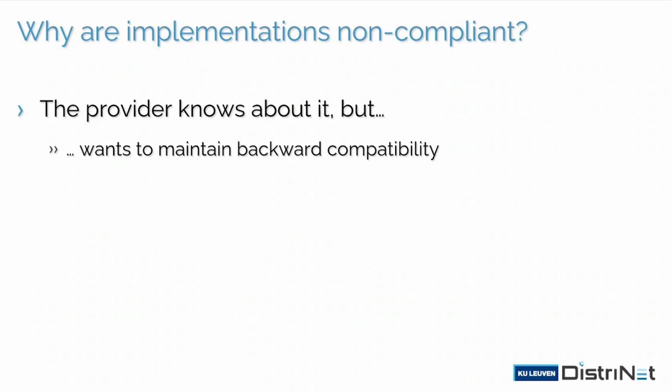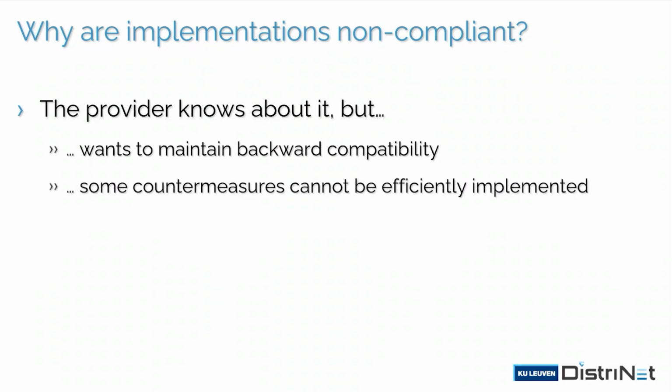The problem is that most of the things that we reported were countermeasures that were actually backward compatible. So backward compatibility is typically a bad reason not to do it. Sometimes providers said, well, these countermeasures should be implemented, but we simply can't because it's not feasible in our circumstances. And there are good reasons.